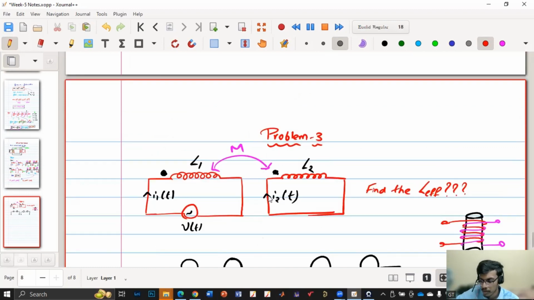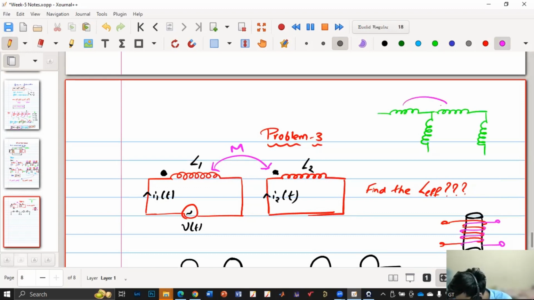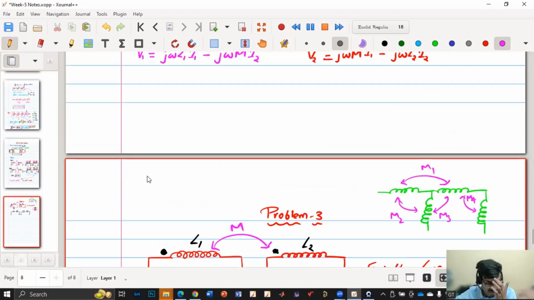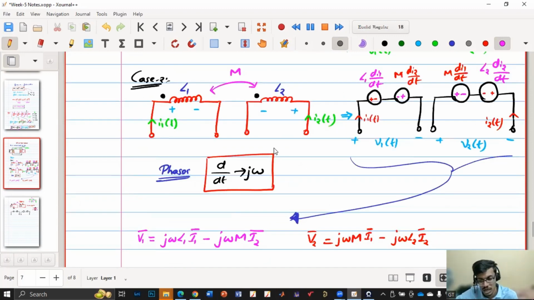Why this representation? Because you can ask why we are not denoting a transfer function for the transformer. Say we have a circuit like this, with mutual inductances M1, M2, M3 and M4. It would become very difficult to draw and understand every time in this format.